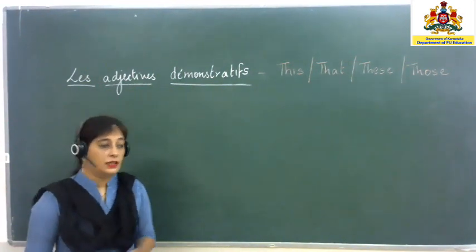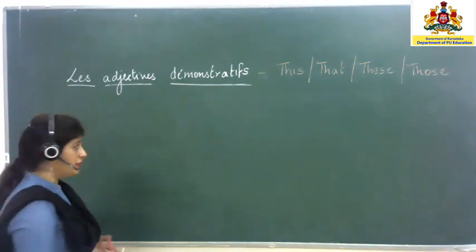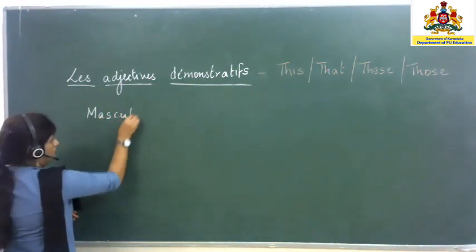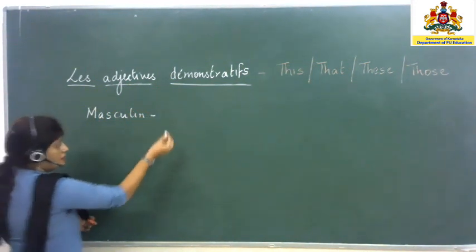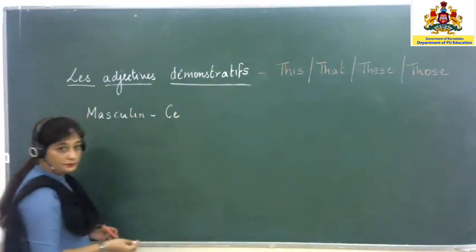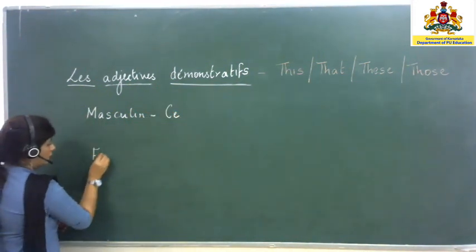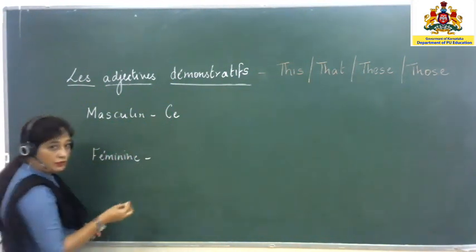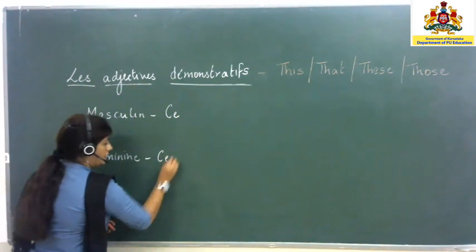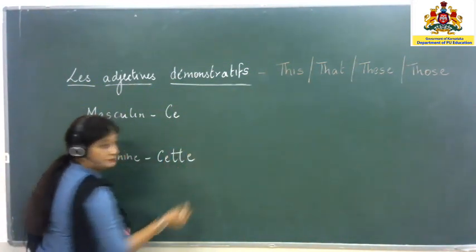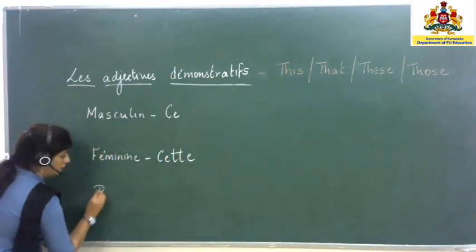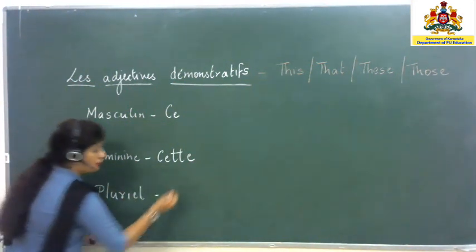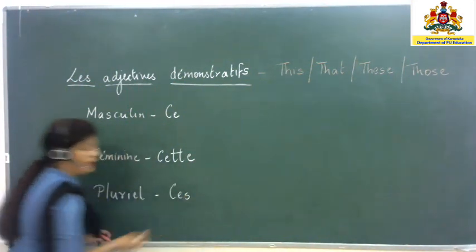First let's see in detail. So the masculine form is CE, the feminine form is CETTE, and the plural form is CES.